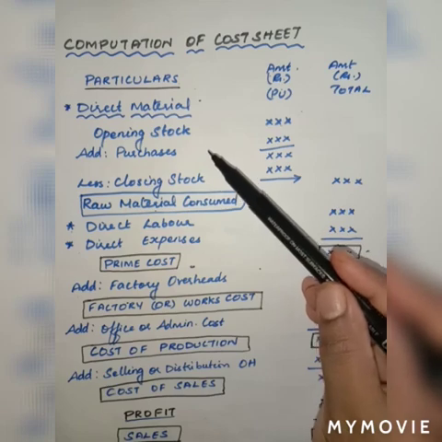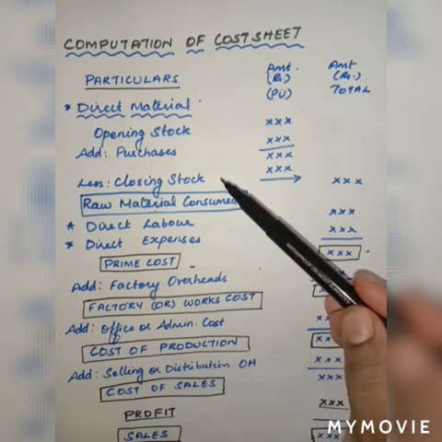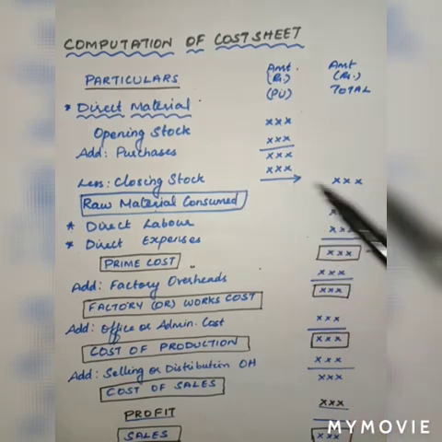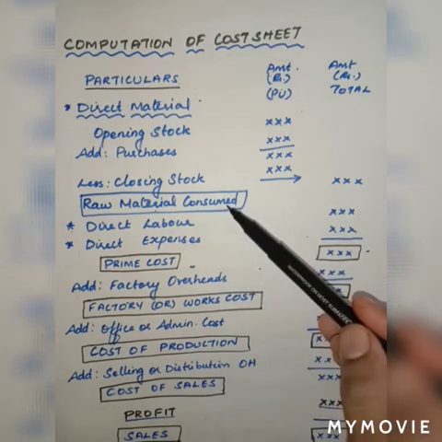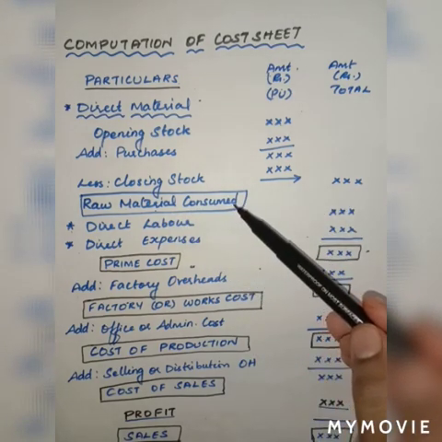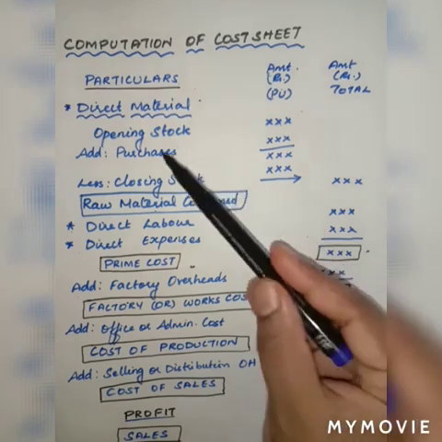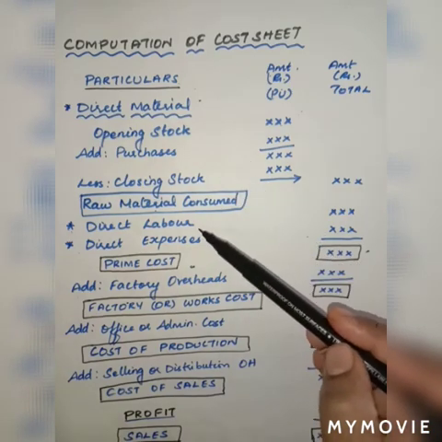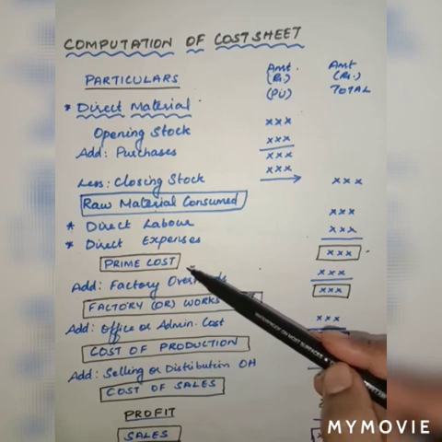And at the end, after producing all the products, you will have some closing stock. Reduce it. Therefore you will get a figure which we call raw materials consumed, which is the materials actually used in this particular process. So this forms the correct direct material. Along with that, add labor and expenses. This will give you prime cost.